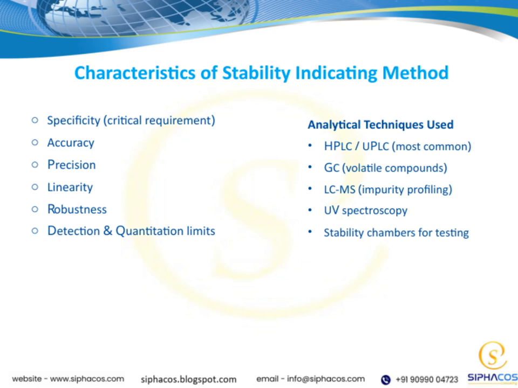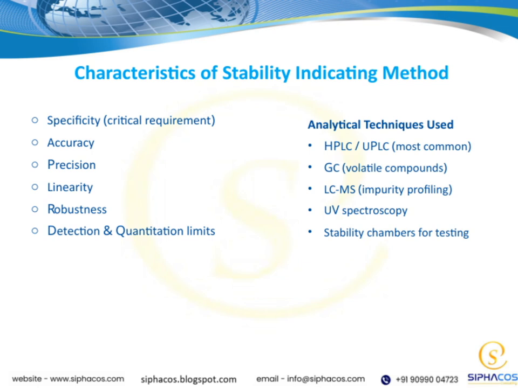When it comes to impurity profiling, LCMS, or liquid chromatography mass spectrometry, offers high sensitivity and specificity, helping us detect even trace impurities. We also utilize UV spectroscopy, which is a quick and non-destructive method for identifying and quantifying compounds based on their light absorption. Additionally, stability chambers are critical for testing how products hold up under various environmental conditions, simulating real-world storage scenarios.